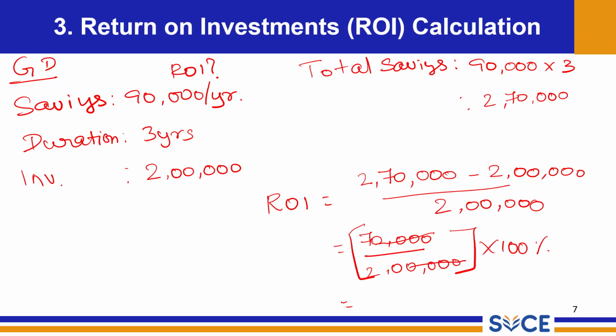When you compute it, we get 0.35. So 0.35 into 100, therefore the answer is 35%. From this case, the ROI is going to be 35%.